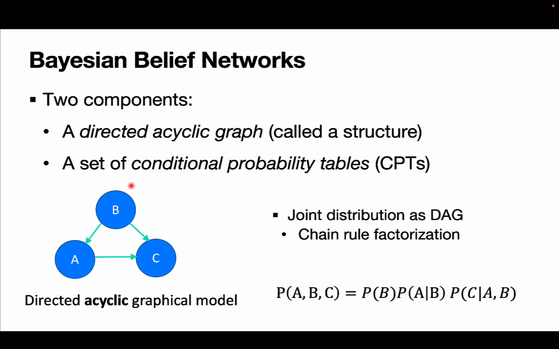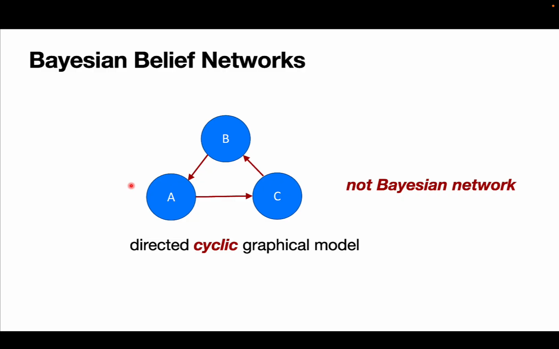Very often these probabilities are results of experiments or observations. And in this example, we have an acyclic graph, so essentially this is not a Bayesian network.